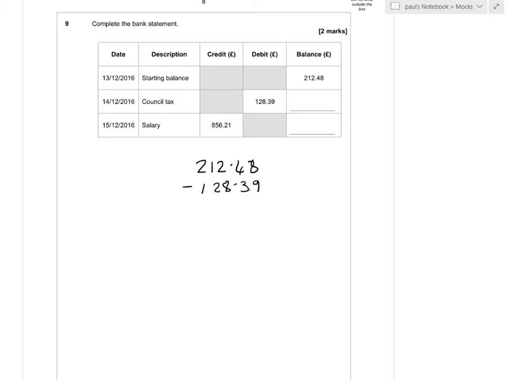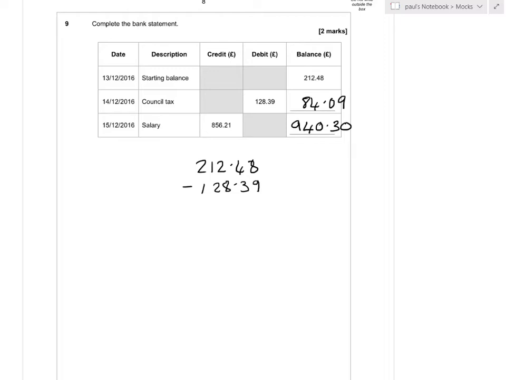So 212.48 take away 128.39 gives us a balance of £84 and 9p. Now onto that we're going to add 856.21, which gives us £940 in the bank. It's looking good, isn't it? £940 and 30 pence.